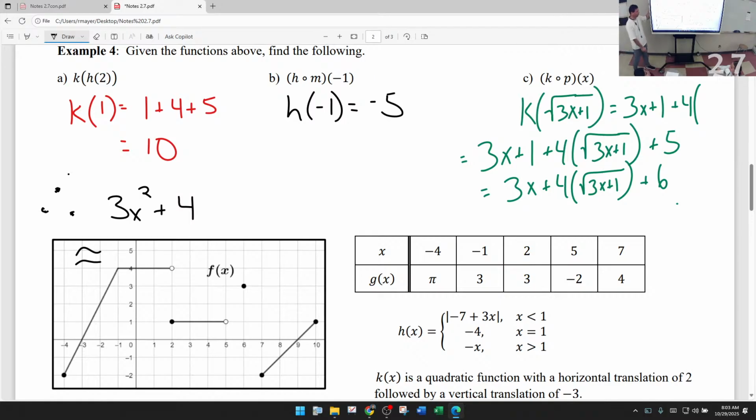Why do you not square the 3? You don't have to have the parentheses. You could make it 4 root 3x plus 1, but there's no way to put the 4 inside unless you make it 16, and that's not any simpler.